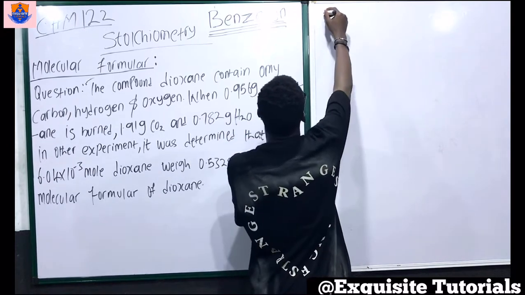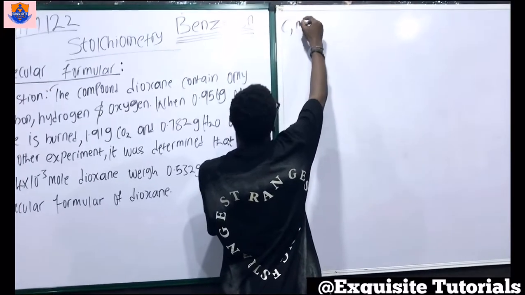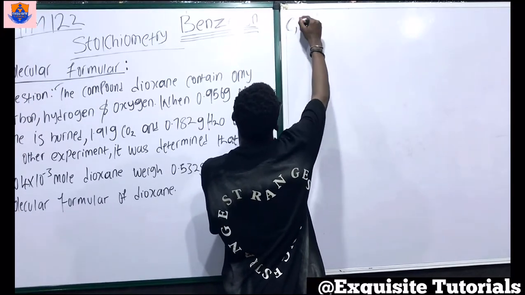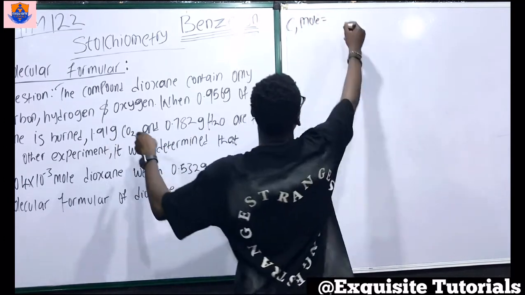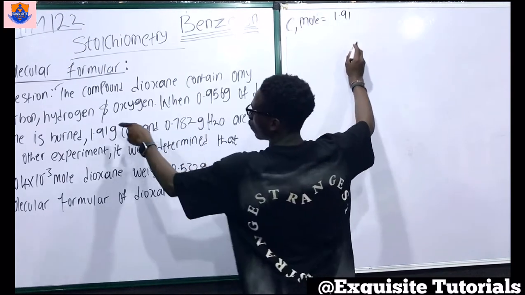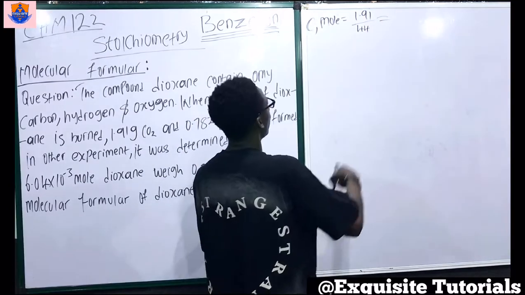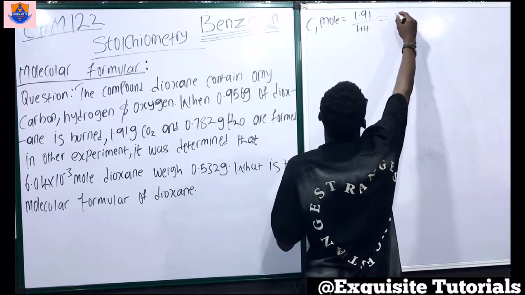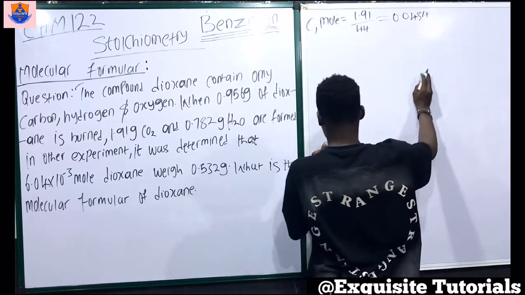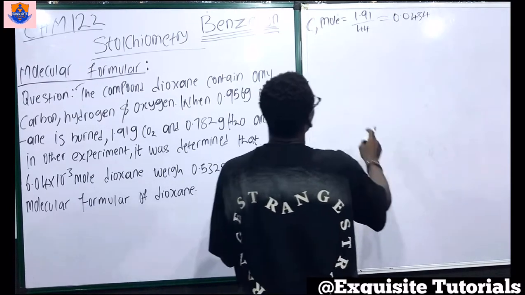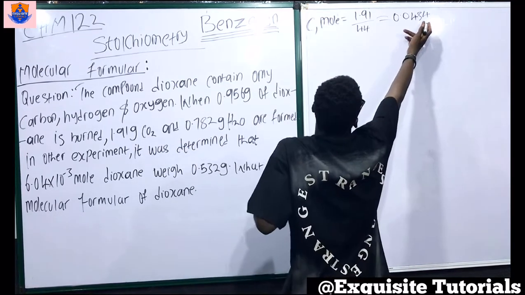So for carbon, the mole is equal to the mass, 1.91, over the molar mass, which is 44. Then we have an approximate value of 0.0434. All right, so carbon here is 1, so multiplying by 1 changes nothing.